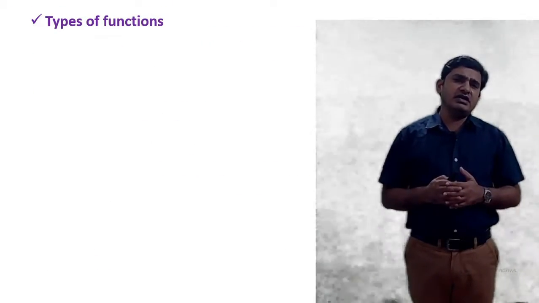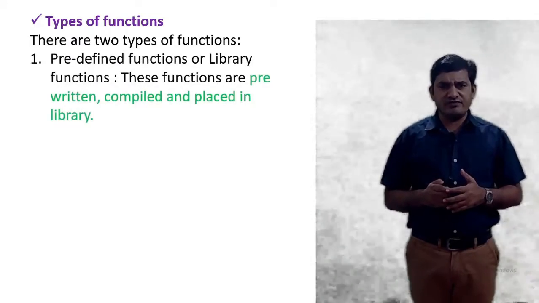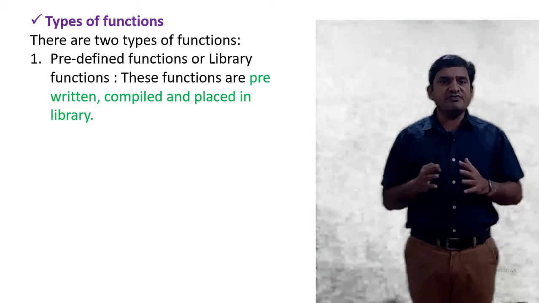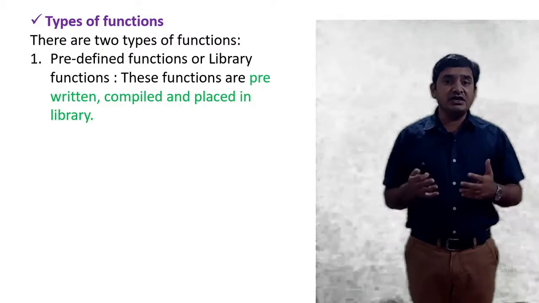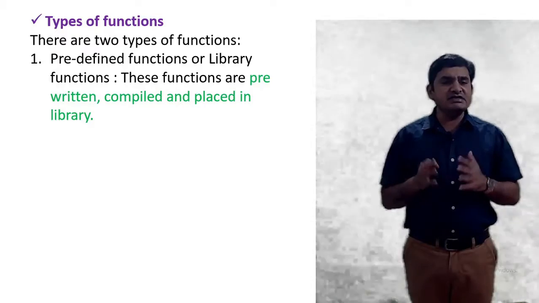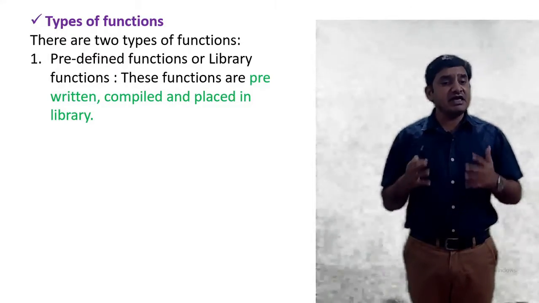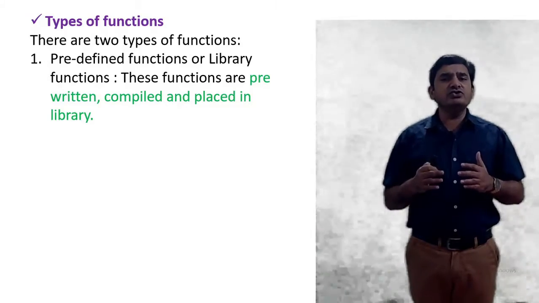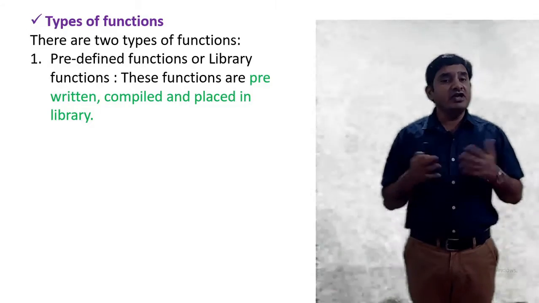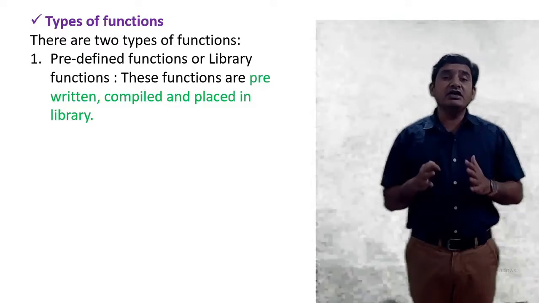Now there are different types of function. Generally, there are two types of function. First is a predefined function or a library function. These functions are pre-written and compiled and placed in a library. If we consider some functions, that is the printf function and scanf function, when we have to use these predefined functions printf and scanf, we require the standard input output header file, stdio.h.